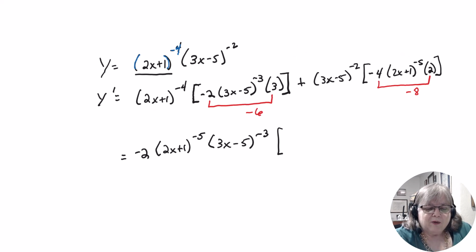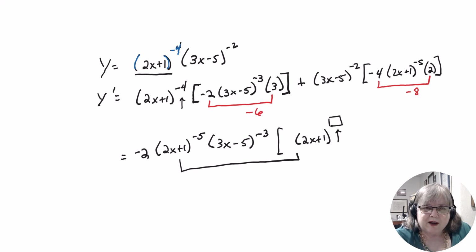Right, we had a 2x plus 1 to the negative 4, and I factored out a 2x plus 1 to the negative 5. So they're not a match, so I have some sort of 2x plus 1 left. Now, the question is, what goes right here that when I multiply this 2x plus 1 times this one, I'm going to add this power to negative 5 and have an equivalent to this negative 4?